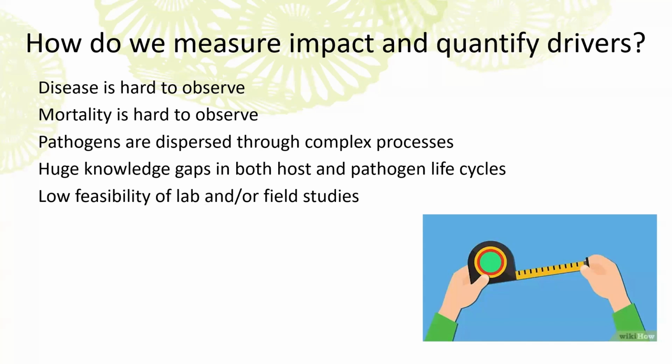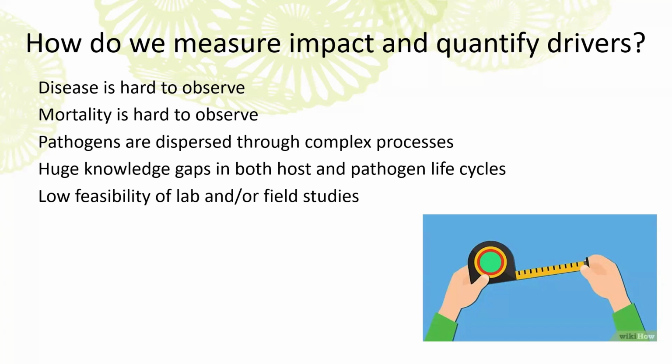There's also low feasibility of lab or field studies, depending on the risk. If you do a lab study, you might need a quarantine facility, which can be challenging to run, and field studies, especially for remote organisms like snow crab, can be very expensive, and so you're somewhat limited in what data you can collect.